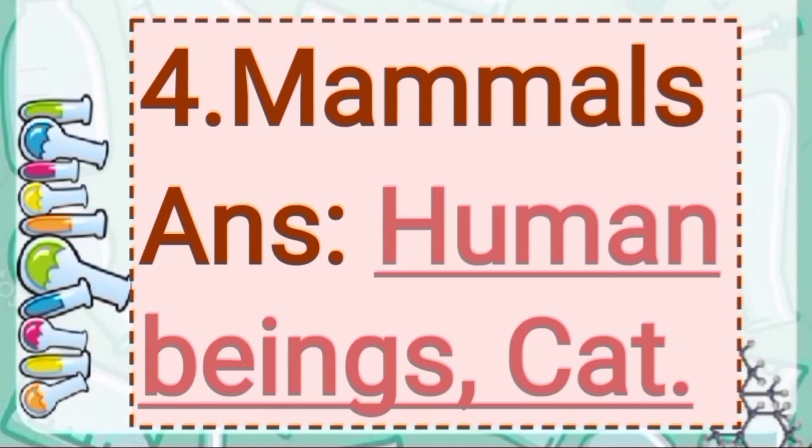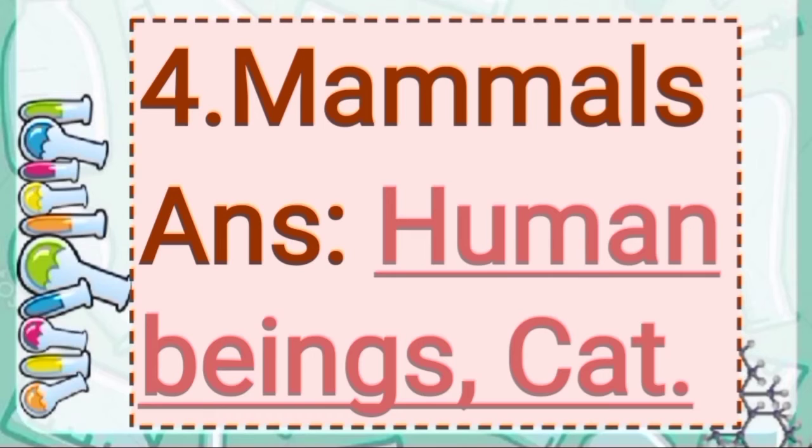Now next, mammals. Human beings along with dog, cat, lion, elephant, cow, buffalo, hippopotamus, zebra, giraffe, monkey, and rabbit are some examples of mammals. So here answer is human beings.